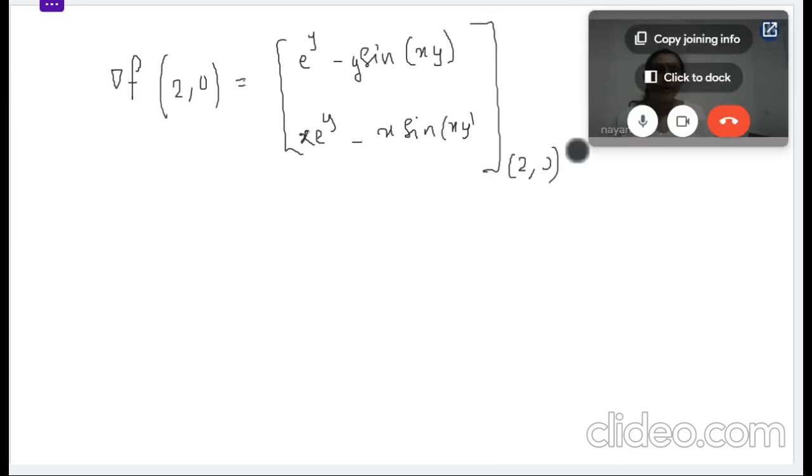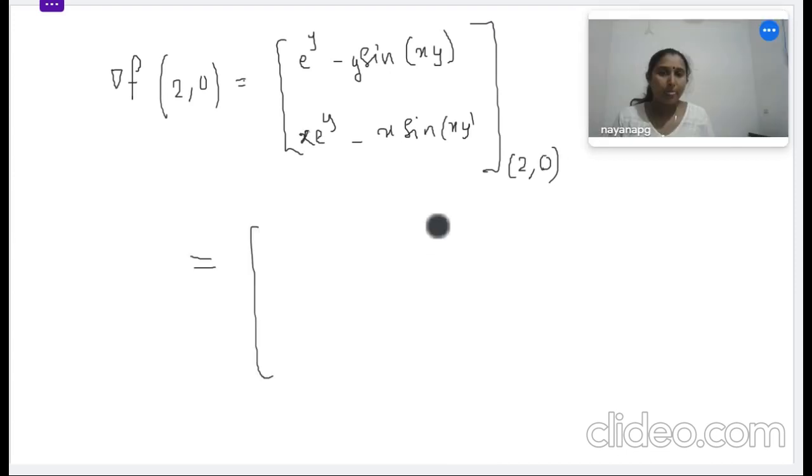What will be the first term? We apply 0 to y and 2 to x. So e raised to 0 is 1, you know that. Negative y sine xy: y is 0 there, and 0 times anything is 0. So 1 minus 0.